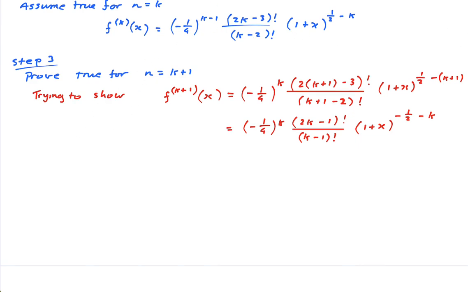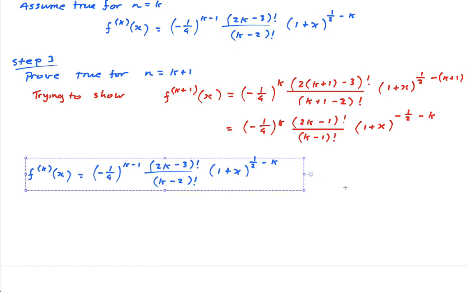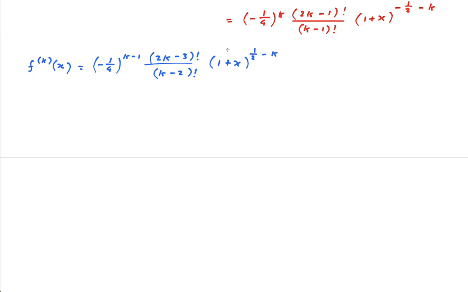So I'm going to slightly cheat, guys, and just copy and paste this, but I want you to always write this out. So we know the kth derivative is this. So the goal of these differentiation proof by inductions is to differentiate the kth derivative, use your assumption, and get this, the thing you're trying to show.